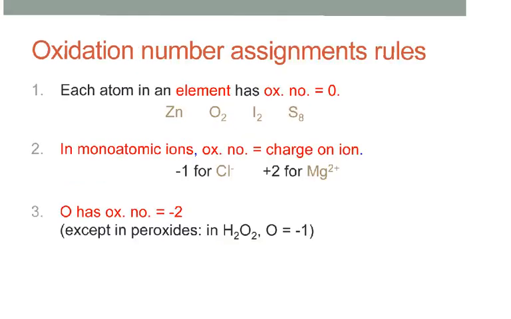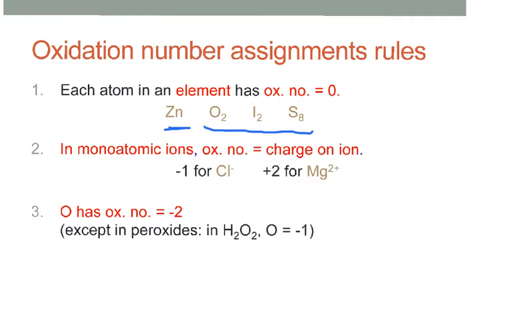Okay, so when you're assigning oxidation numbers, the first rule is that each atom in an element has an oxidation number of 0. So for example, zinc metal, 0. Molecular oxygen, molecular iodine, and molecular sulfur all have oxidation numbers of 0. In monatomic ions, the oxidation number is going to be the same as the charge on that ion.